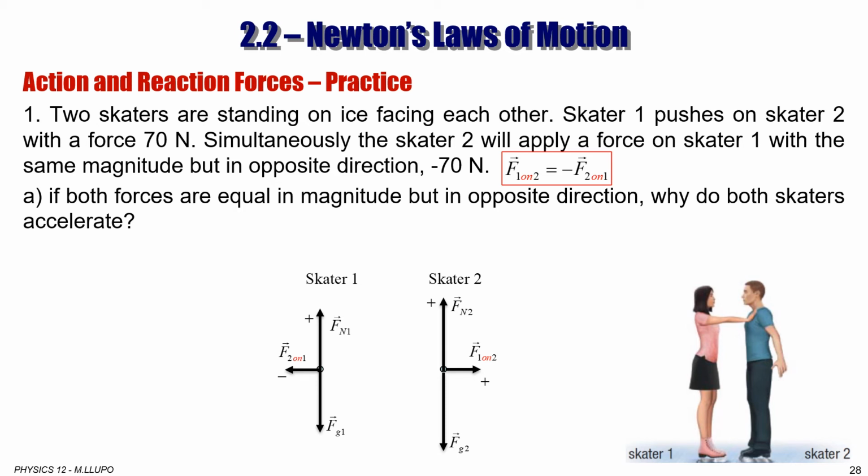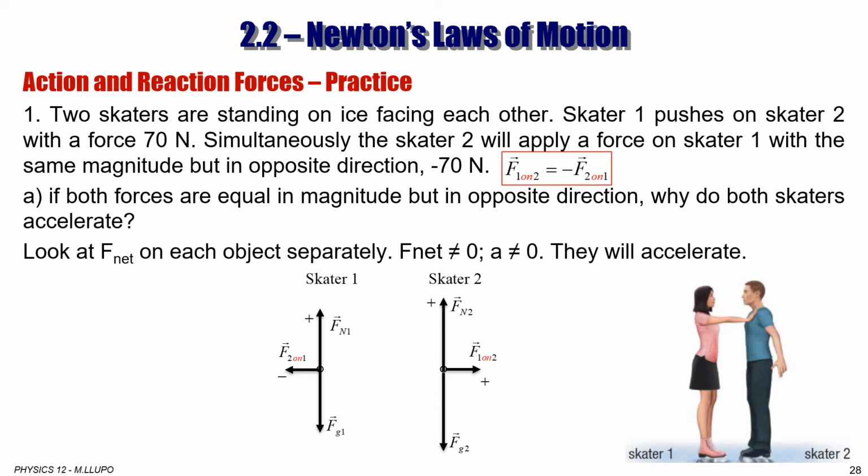F net on each individual skater or object in this case is not zero. As F net is not zero on the x-axis, or horizontally, that means that both skaters in this case will accelerate.